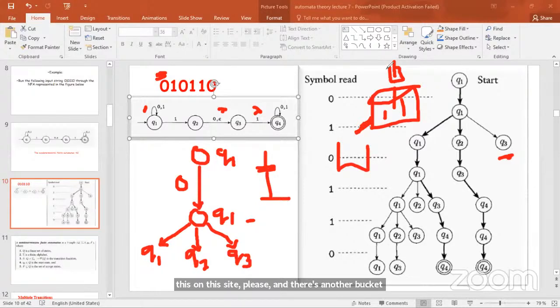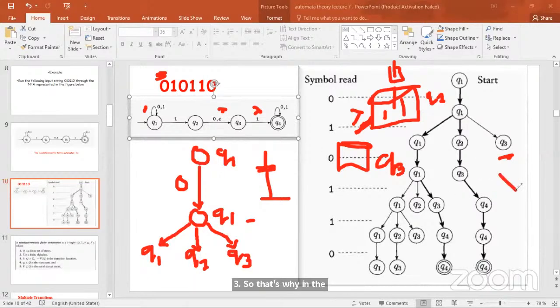Now, as you are pouring water here, it goes the way you are going, which is your Q2. But because there is a hole, which is our lambda, it continues to flow into the next bucket, which is Q3. So that's why in the law of non-determinism, once you have an empty set, you can move without reading anything.